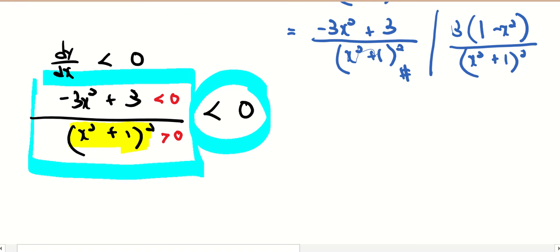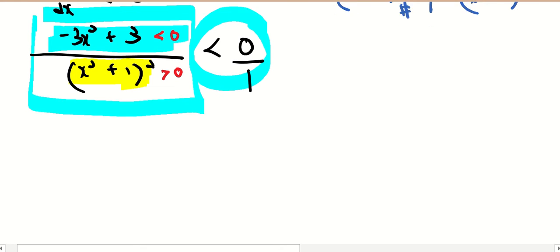So in other words, we are just solving for the numerator less than 0. If you want to use some conventional method, over 1, cross multiply, denominator come out and meet numerator, you will still get the same result for this question. Alright, so I'm going to continue with that.